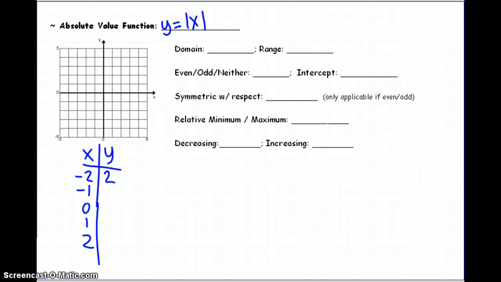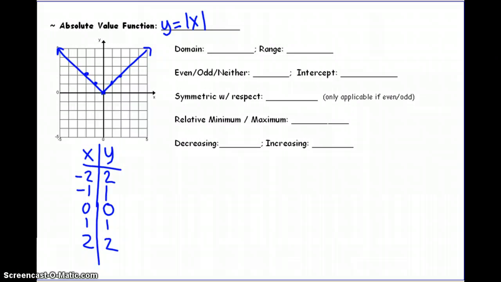Absolute value of -1 is 1. Absolute value of 0 is 0. And the absolute value of a positive number is that same positive number. So my graph is going to be V-shaped. So the shape of an absolute value function is V-shaped.